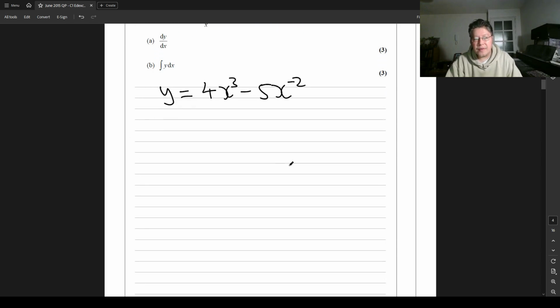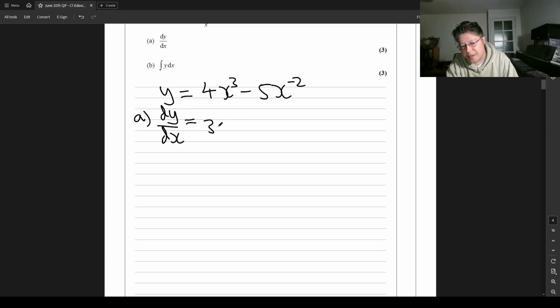And now we can do part A. We want to differentiate, so dy by dx. So the rule is the 3 is going to come down and multiply the 4. So 3 times 4x, and we minus 1 off the power gives us a 2.